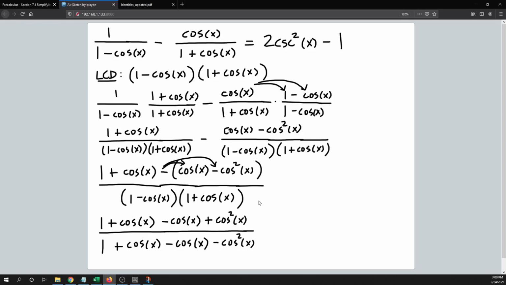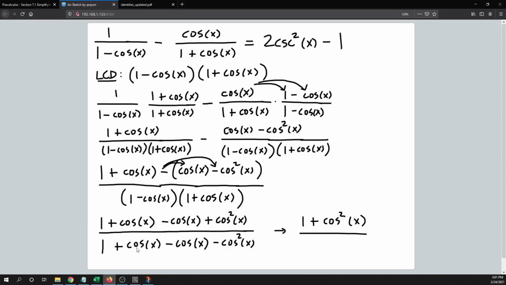Okay, so I've got some like terms in there, and I can combine those. I guess I'm going to go over here to the side and start working up. So looking at the top part of that fraction, I have cosine x minus cosine x. That will cancel each other out. So I have 1 plus cosine squared x on top. On the bottom, I have 1 plus cosine x minus cosine x minus cosine squared x.